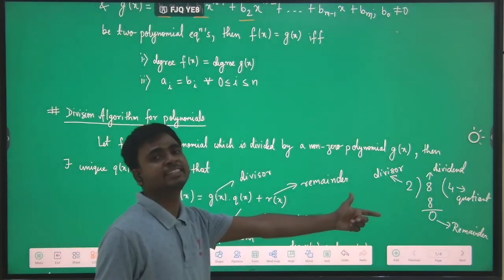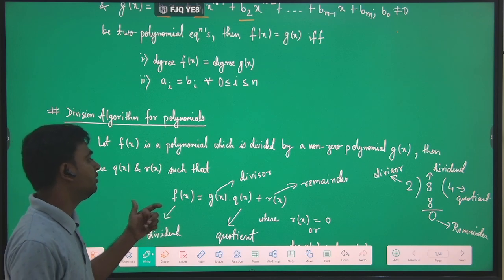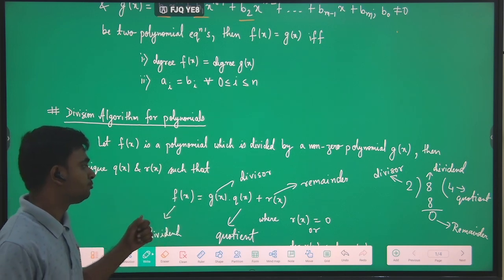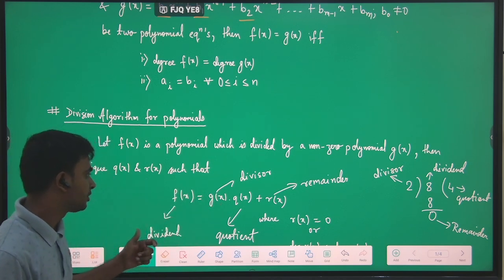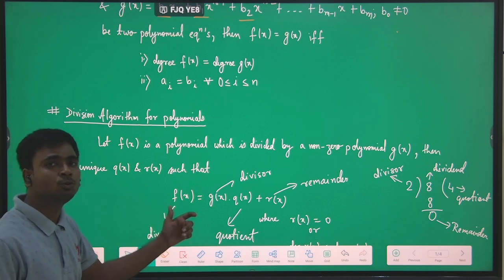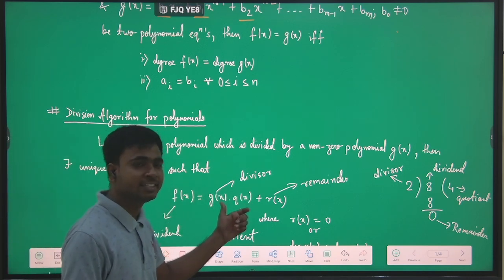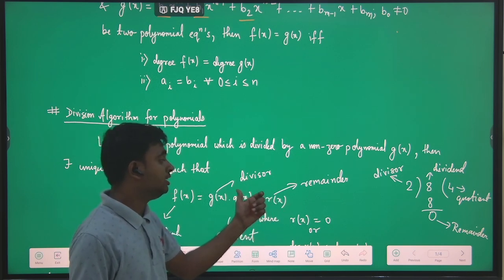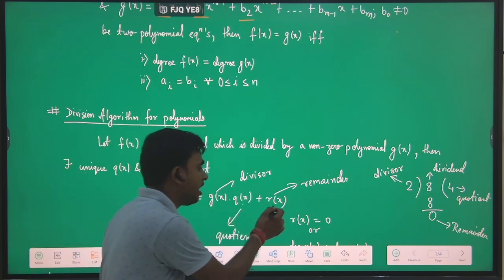Using this concept for polynomials, whenever we are given a polynomial f(x) of degree n and our divisor g(x) of some degree, when g(x) divides f(x), we get a unique quotient q(x) and a unique remainder r(x). Both are in the form of polynomials, which is why we write q(x) and r(x).